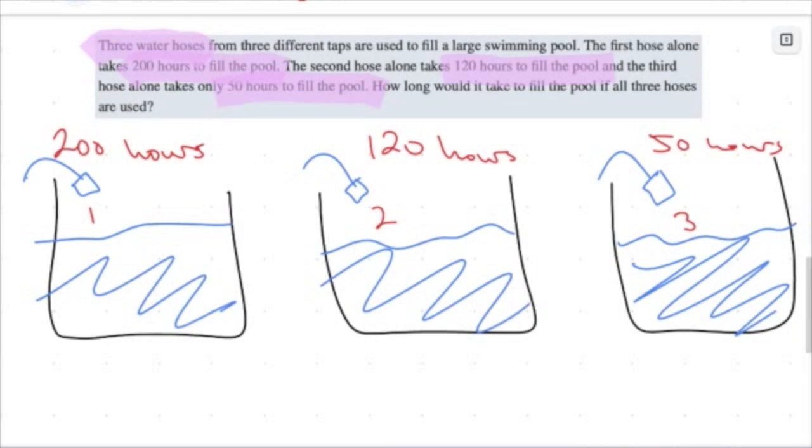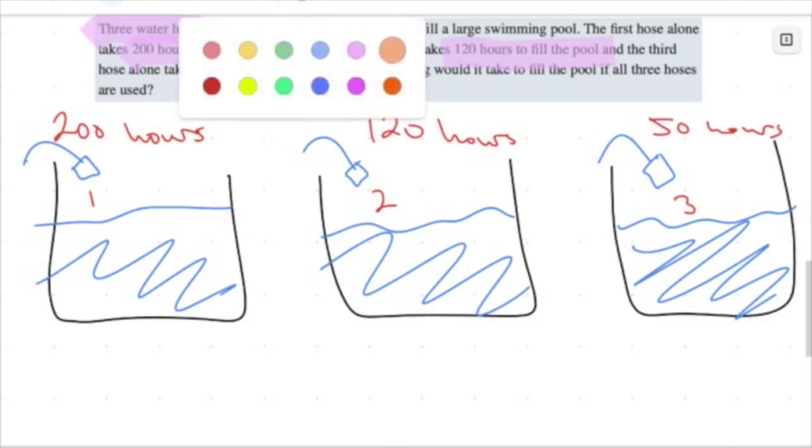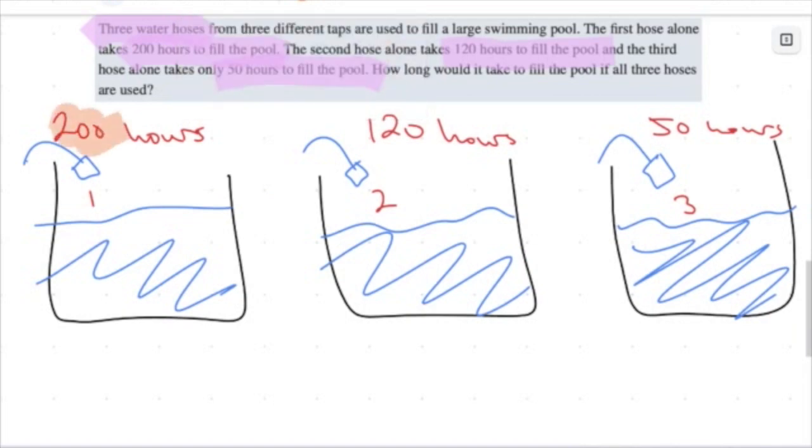So we want some amount of time that goes into all of these numbers, that goes into 200, 120, and 50. Because we actually want the lowest common multiple of all of these, because this is going to give me one universal number to see how many pools each of these hoses have filled in that time.